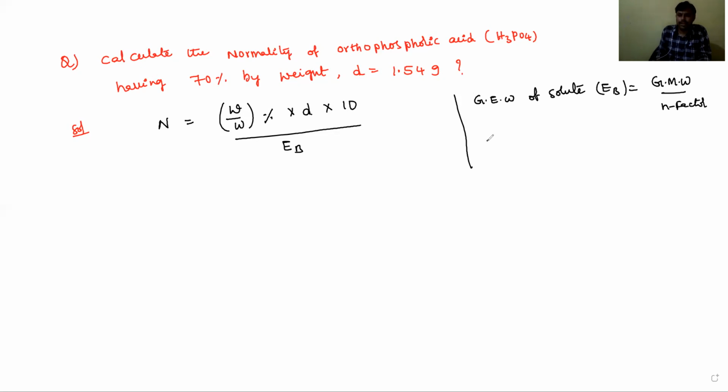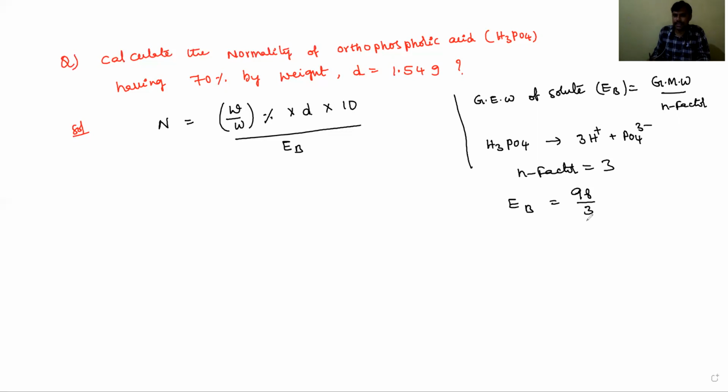H3PO4 is a tribasic acid. It can be ionized to give 3H+ ions plus PO4 3-. That's why its n factor is equal to 3. Then the equivalent weight of H3PO4 is gram molecular weight 98 divided by 3.